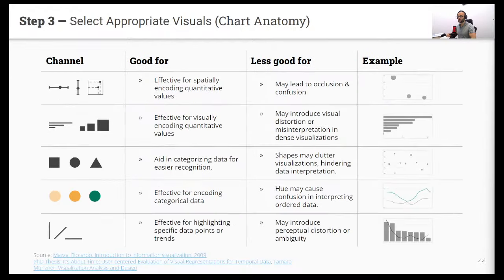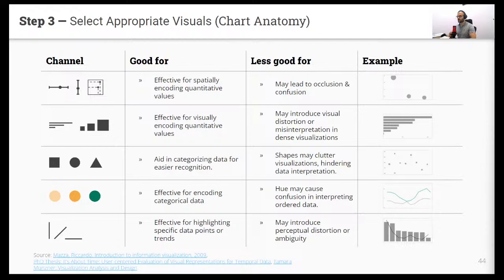Moving on to the channels, we have precise positioning, for example, a scatter plot. We have length or size, we have different types of shapes, and we have hue and also tilt. Now you might not have thought about these while looking at, for example, a combination chart, where you show a bar chart, a column chart, and a line chart together.